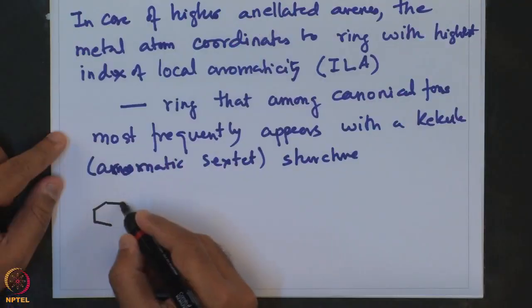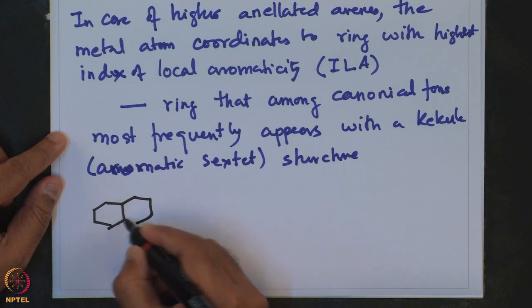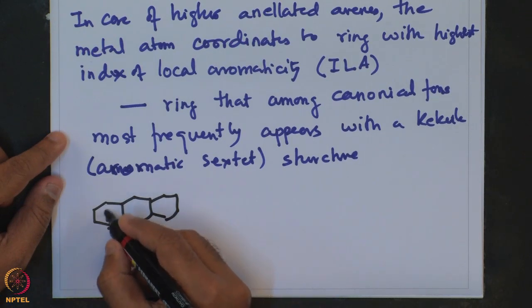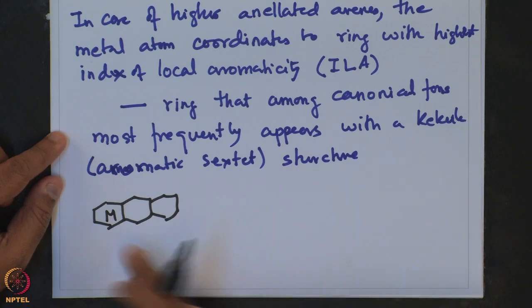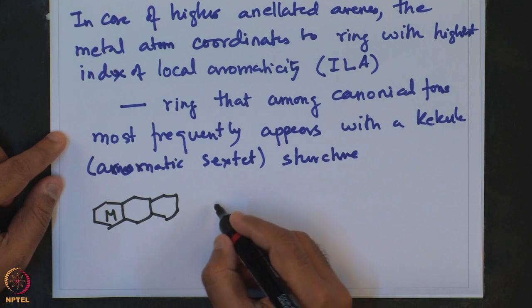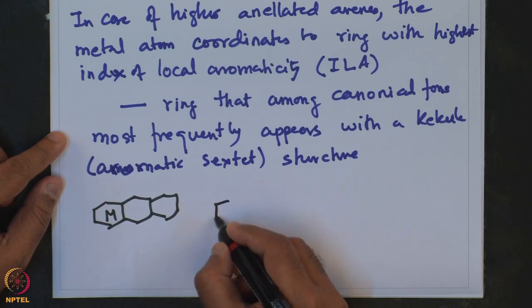So, let me just show some structures and their preferential binding. For example, if this is a 3 6 membered conjugated ring, then the ring on the side is the one which would be binding to the metal.